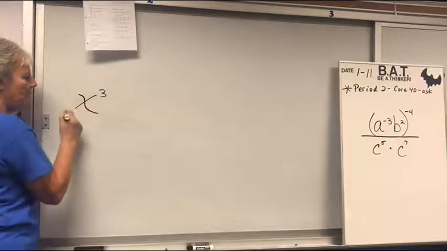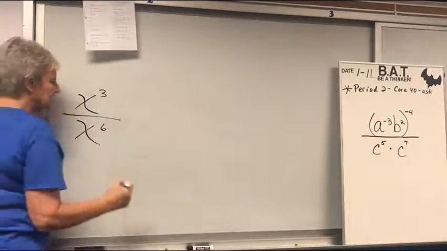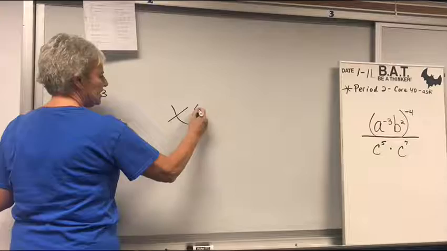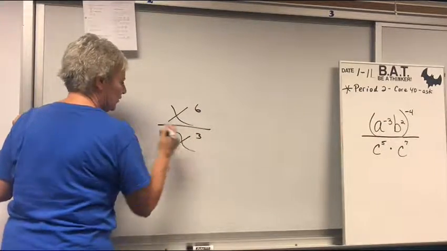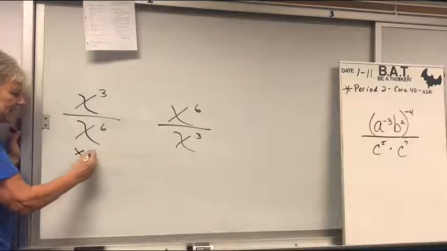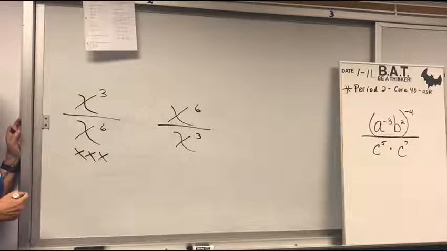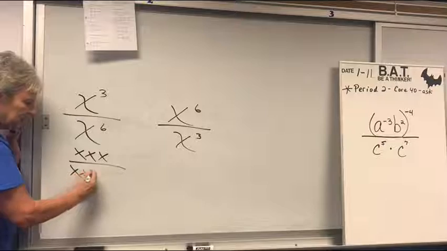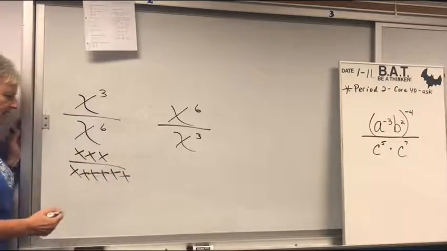x to the third power over x to the sixth, x to the sixth power over x to the third. What's going on here is you have 3 numbers being multiplied, and you have 6 numbers being multiplied.